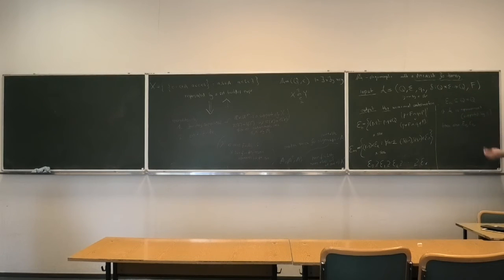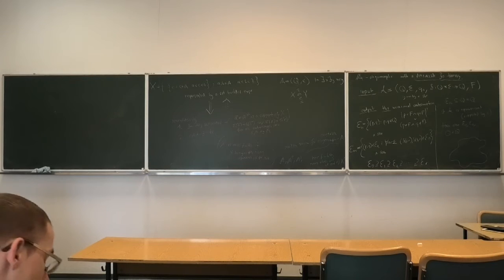So this is relatively easy to see. I mean, it's a two-line proof. What does that mean? Well, let's draw a picture. This is Q squared. It's a set of pairs.